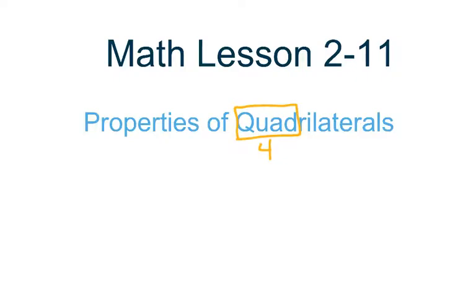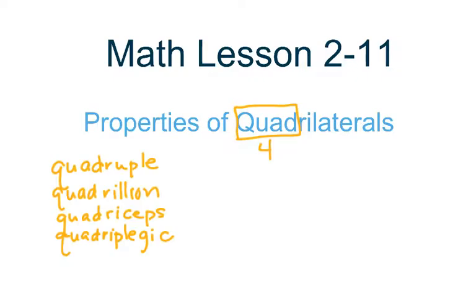There are many other words in our English language that have the prefix quad in it. You see some words such as quadruple, which means to find 4 times that amount. Quadrillion, which is a really large number.